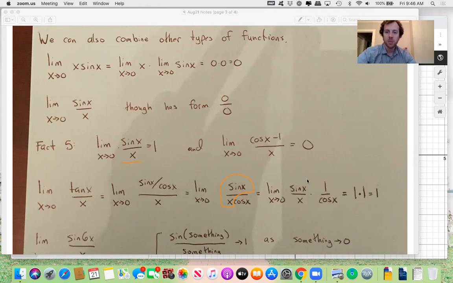So once we've broken up into these pieces, our limit rules say you can look at the pieces separately. This piece, sine of x over x, is 1 because we know that that limit is 1.